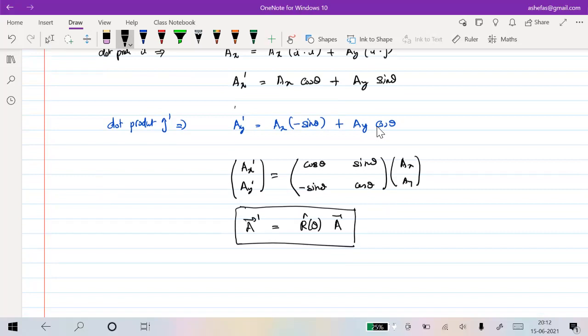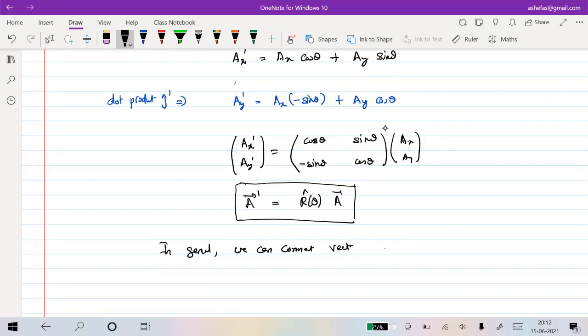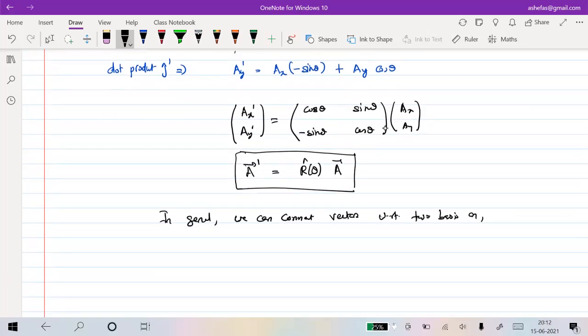But in general, we can connect vectors with respect to two bases as alpha prime equal to some operator times alpha.